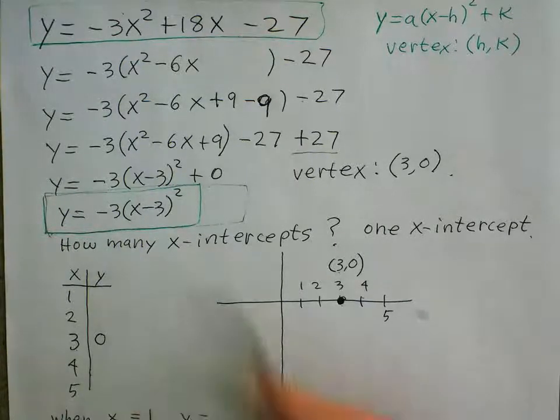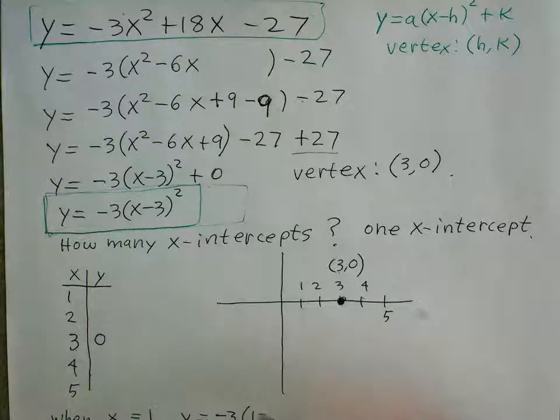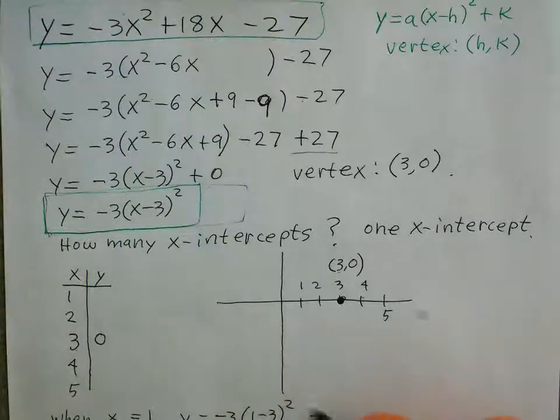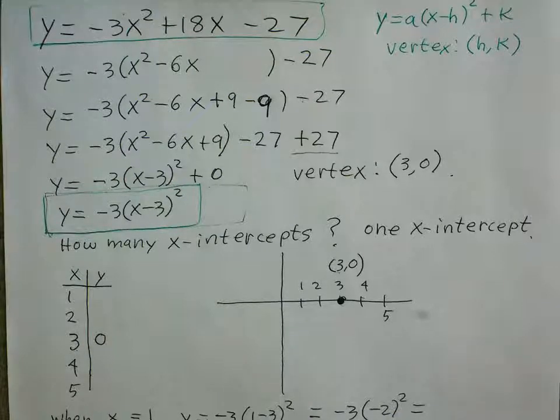When x equals 1, y is equal to -3 times the quantity 1 minus 3 squared, or -3 times the number -2 squared. Then remember the order of operations. Negative 2 squared is 4, so we have negative 3 times 4, or negative 12.